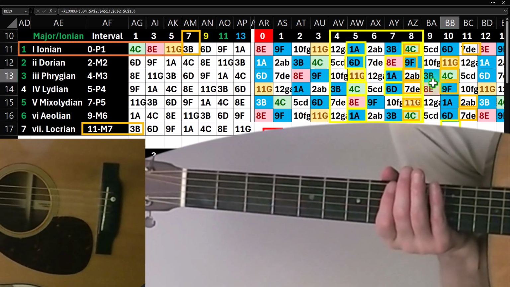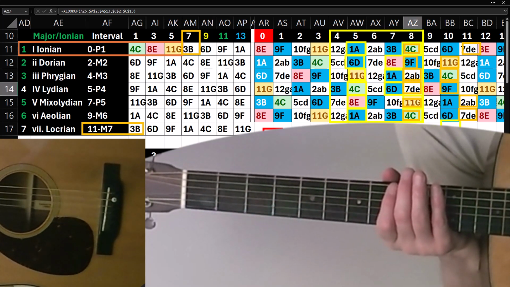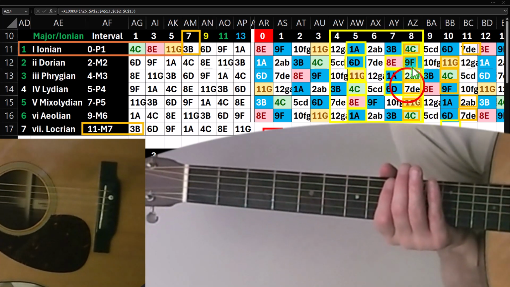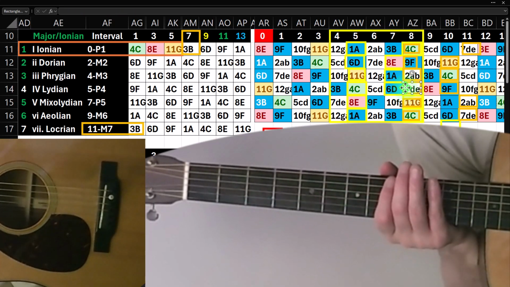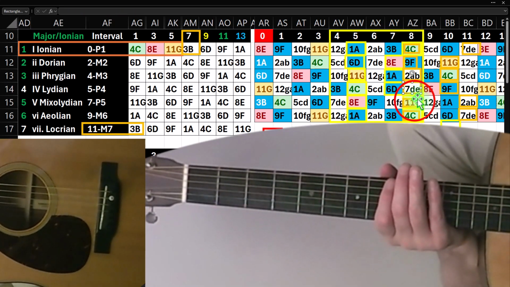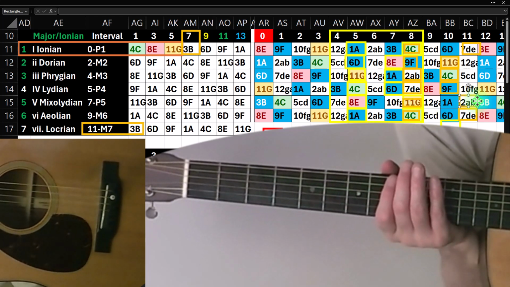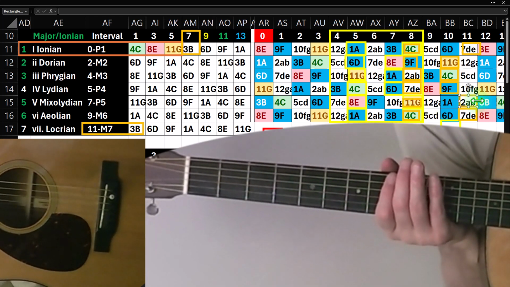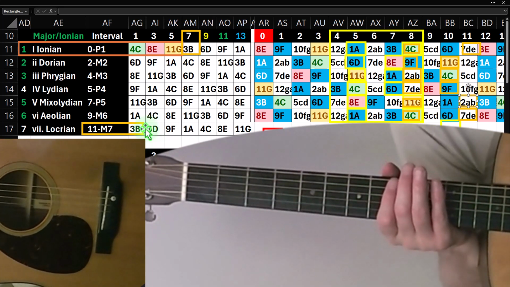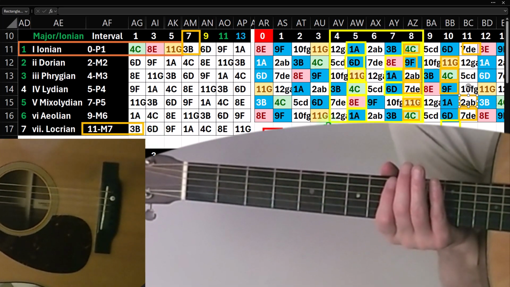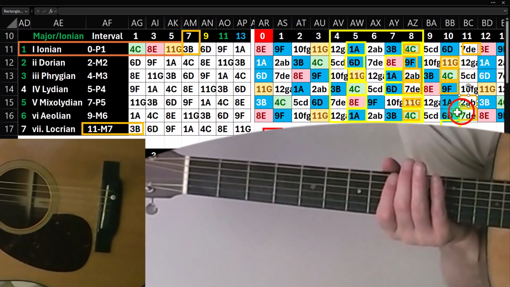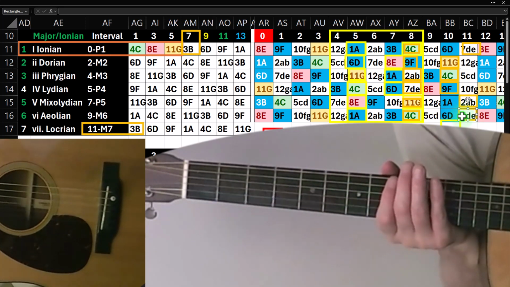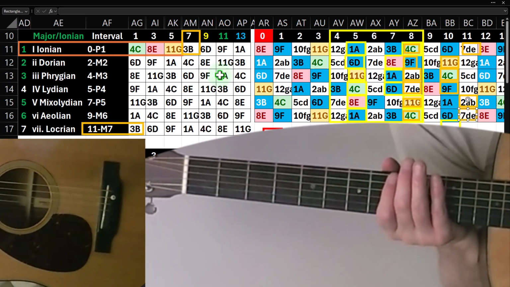And here's the root, and then I'm going to go here, which is once again the flat third, which I would bend up to this third. And then here's once again the flat 7, which would be the Mixolydian. That's the bluesy note, and then from here to here, once again on the flat third.